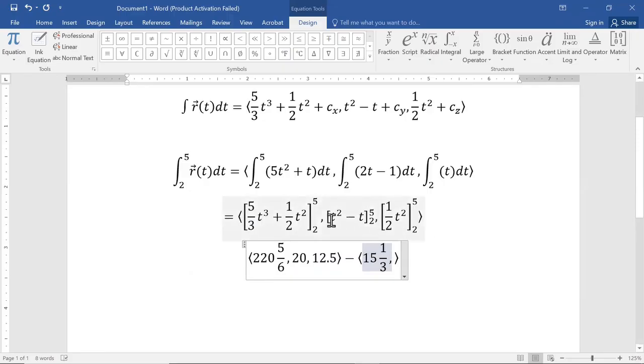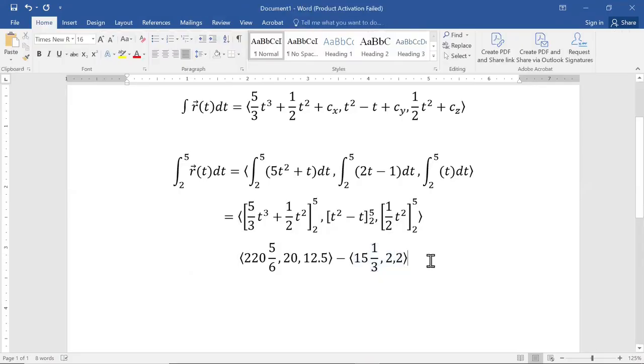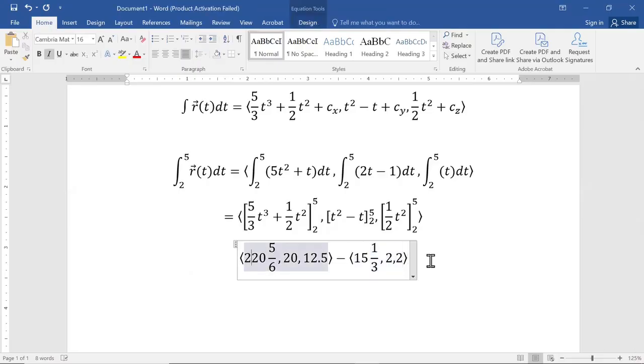When I plug in 2 here, I get 2 squared minus 2, which is 2. 4 minus 2 is 2. And then if I plug in 2 here, 1/2 times 2 squared, that's 1/2 of 4, also 2. So that's one option for how to write the notation here.